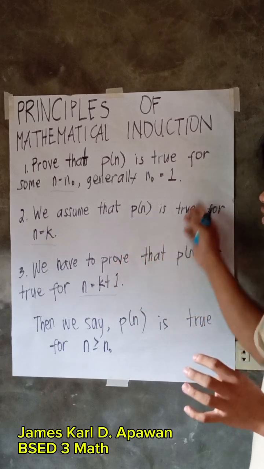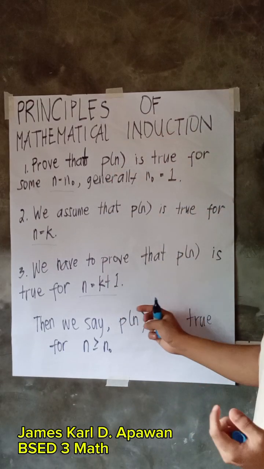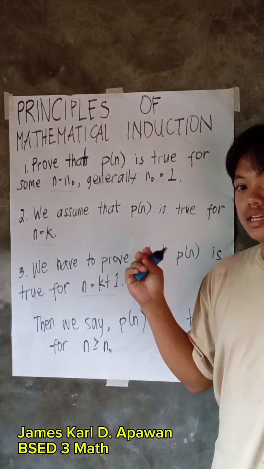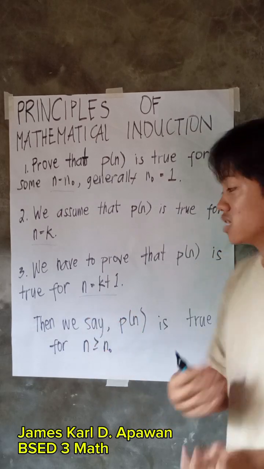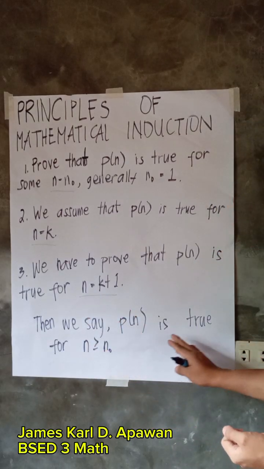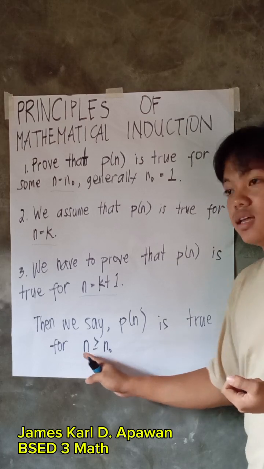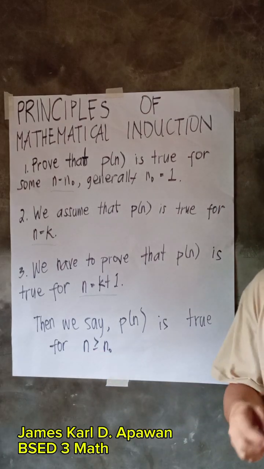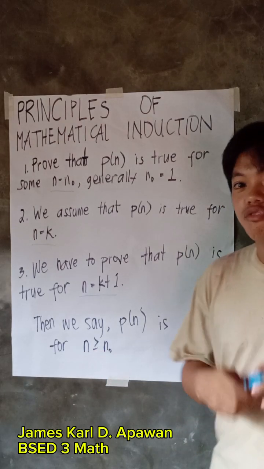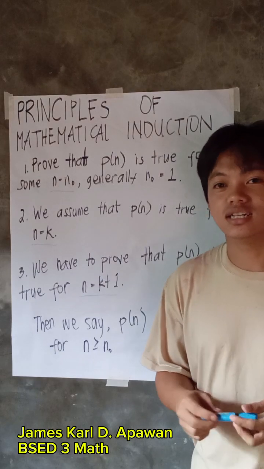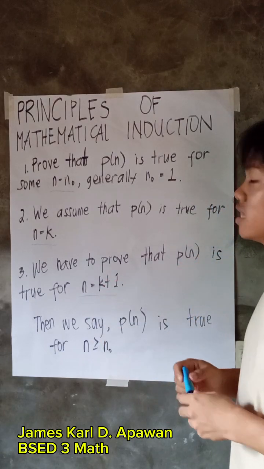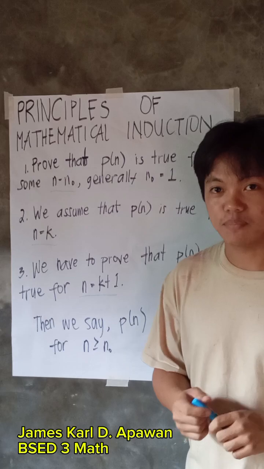Therefore, after proving these three, we now arrive at the mathematical induction. Then we say that P of n is true for n greater than or equal to n sub 0, or the basis. To further analyze the principles of mathematical induction, let's have this example.